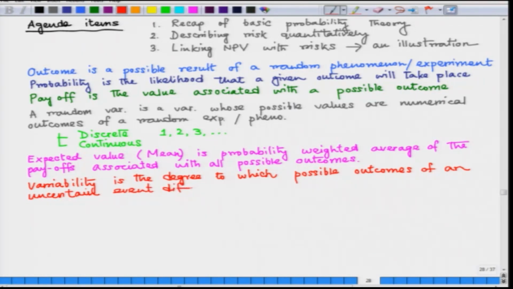So, basically variability talks about the dispersion in the outcome.